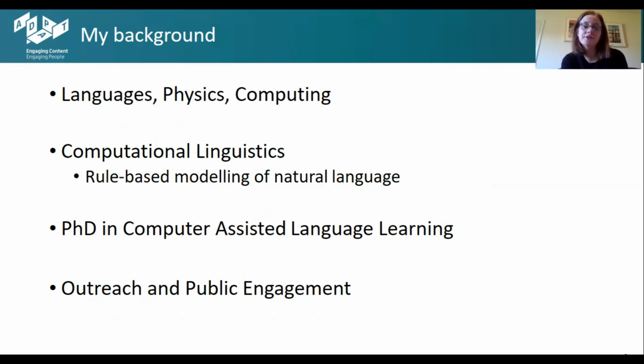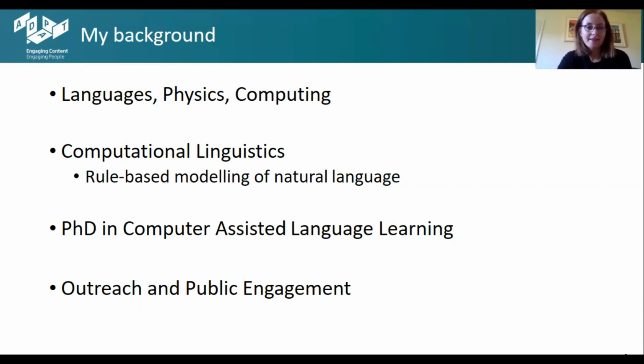And now I work in outreach and public engagement, which is I get to do interesting things like this around the workshops and work with young people and the general public all around getting involved in STEM and in language technologies and the various research areas that ADAPT is involved in, like artificial intelligence. So that's my role at the moment.